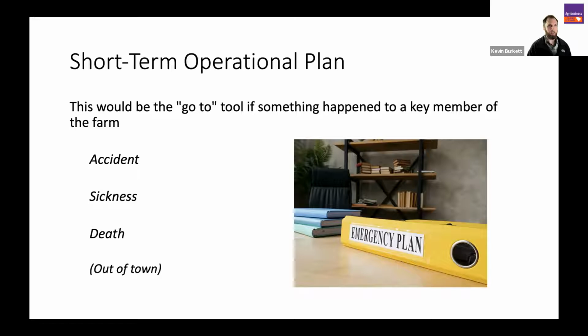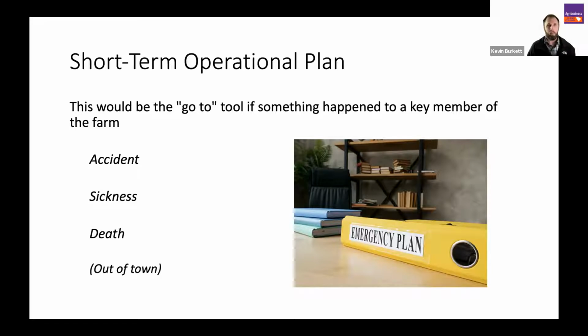And obviously there are different scenarios where that might be the case. It could be an accident on the farm or off the farm, some kind of sickness, illness, or even potentially, certainly people pass away, unfortunately, at unexpected times. And it could be a not quite as dire situation, but someone is out of town for whatever reason.